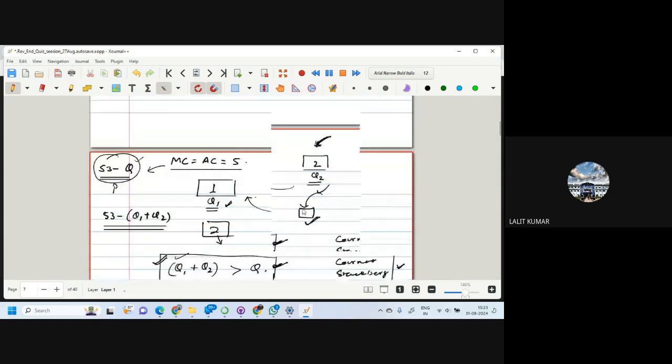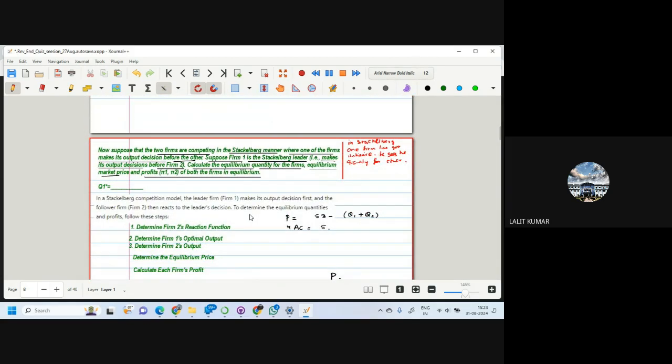Now, what happens in the Stackelberg? Stackelberg is slightly different. In Stackelberg, one of the firms, which is the leader, has an advantage that he knows beforehand how much the second firm is producing, and then he reacts. So that is the Stackelberg.